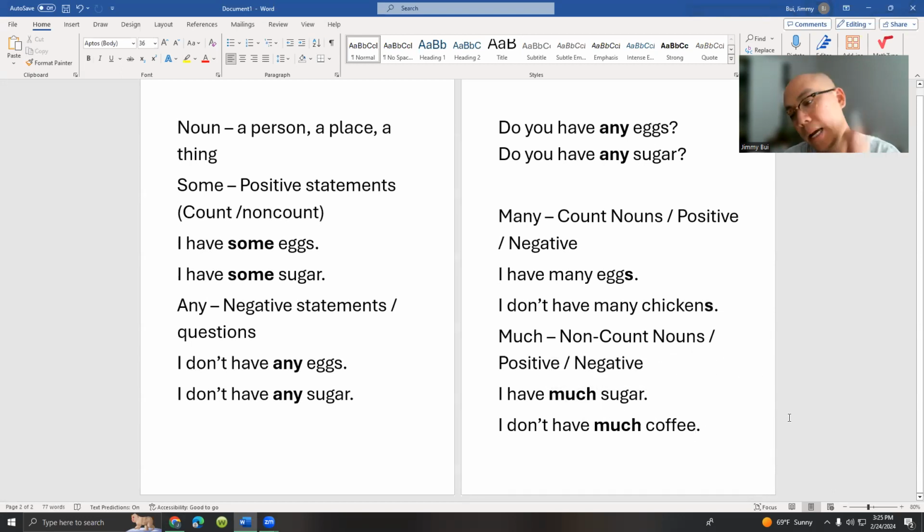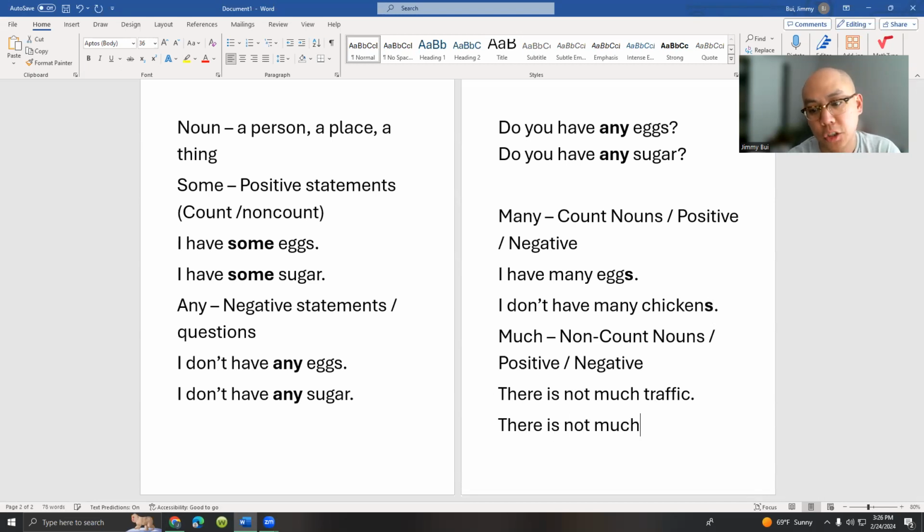Now going back, I mentioned there, because we're focusing on foods and things like that, this does expand onto things that aren't foods and drinks. And some examples, there is not much traffic today. So traffic is not countable. The weather in many ways, there is not much rain today, right?